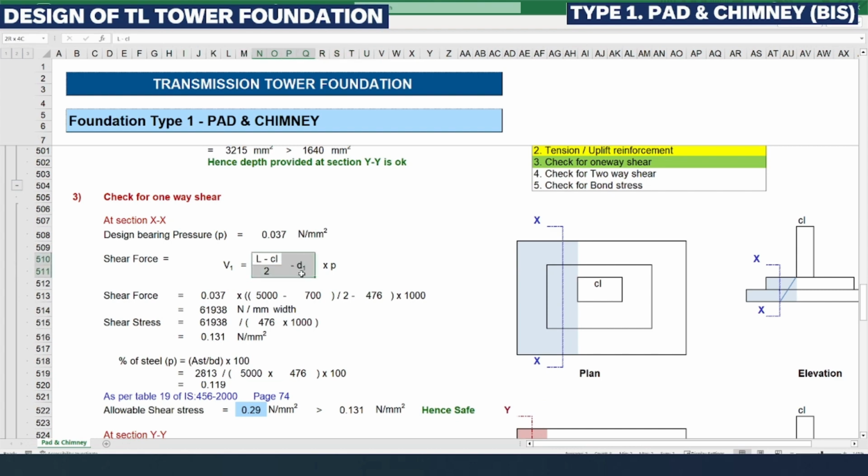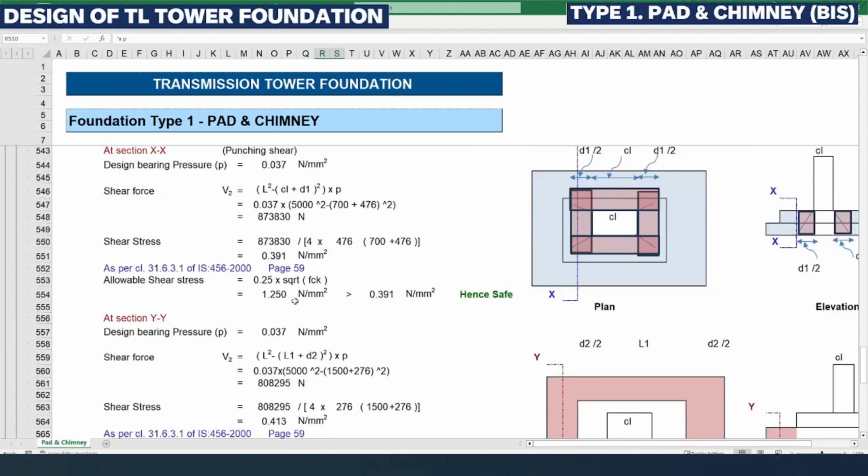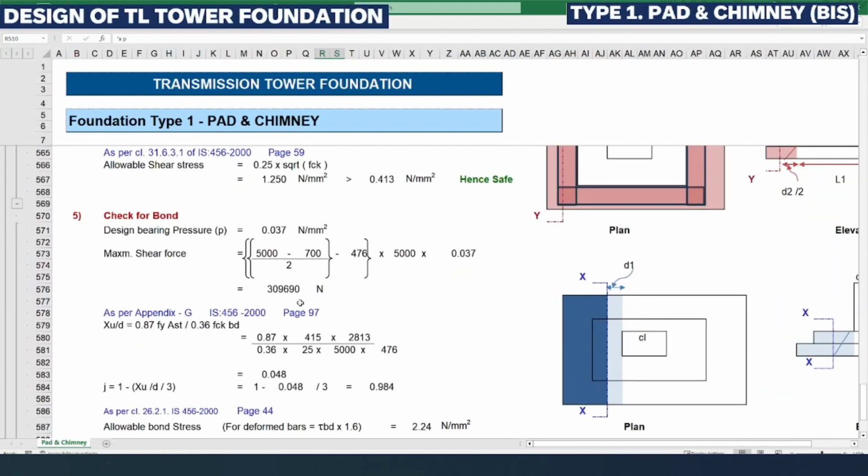So this whole length is multiplied with the bearing pressure. So likewise we need to consider the same here in the bond stress calculation also. Maximum shear force is 5000, L minus CL is 700, divided by 2 minus D1. The same multiplication, same calculations we need to consider here for the effective length of shear stress.